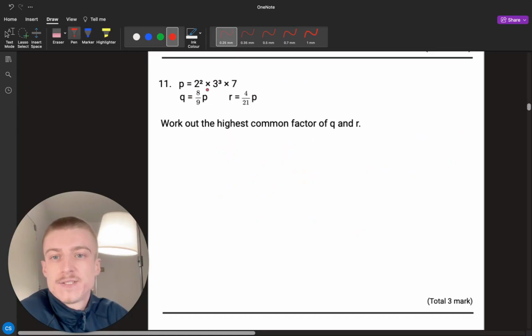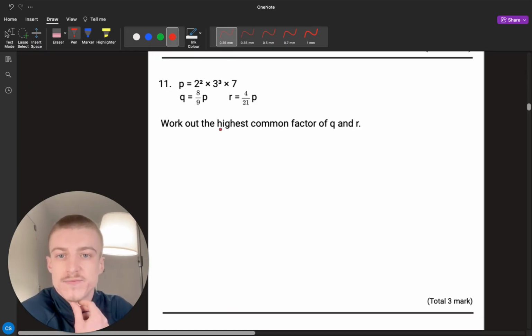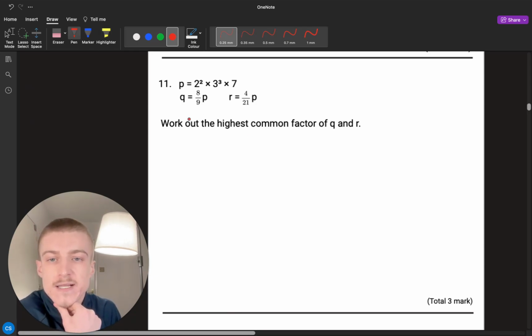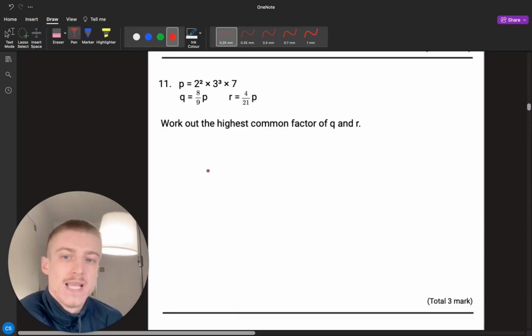So we've got p is 2 squared times 3 cubed times 7. It's prime factors, p represented as a product of its prime factors. q is 8/9 of p, and r is 4 over 21 times p. So let's convert the expressions for q and r into prime factorization.